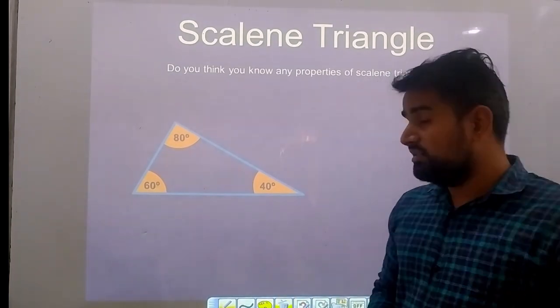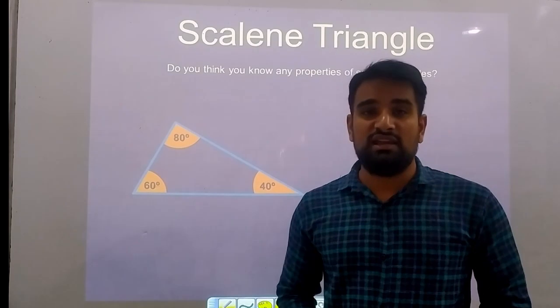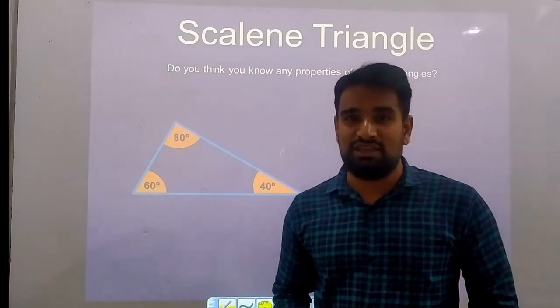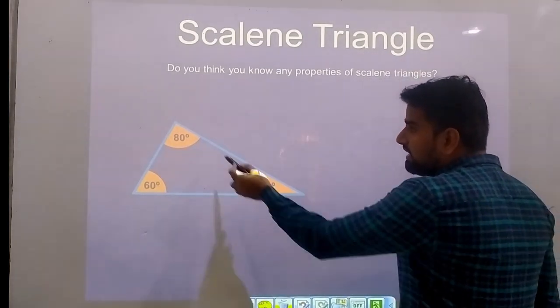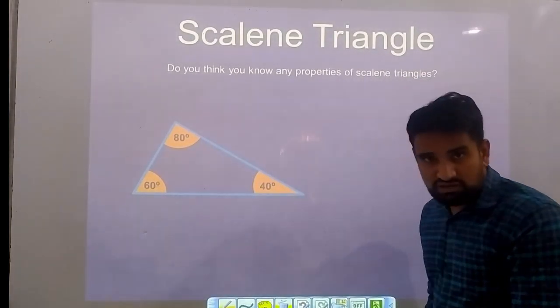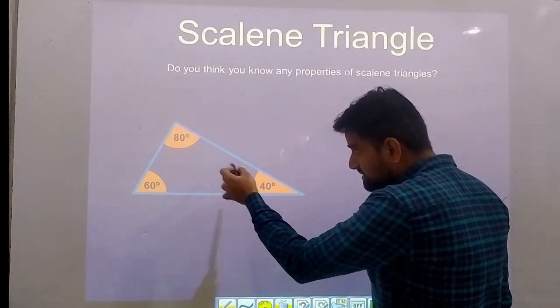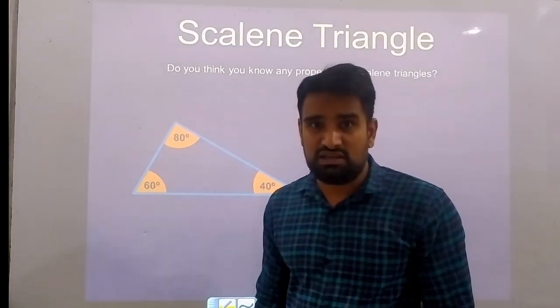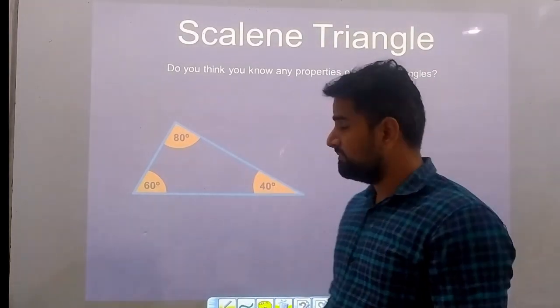So in a scalene triangle, the sides are different from each other and the interior angles are also different from each other. As you can see, 60 degrees, 40 degrees and 80 degrees, all 3 angles are different. And the sizes of all the 3 sides are also different here. So these kinds of triangles are called scalene triangles.